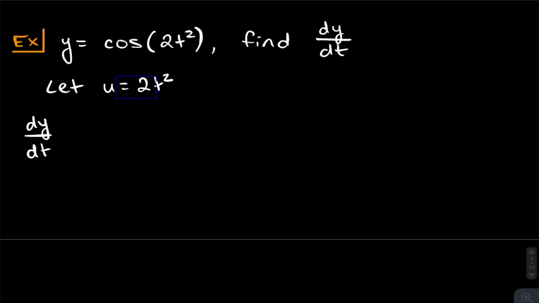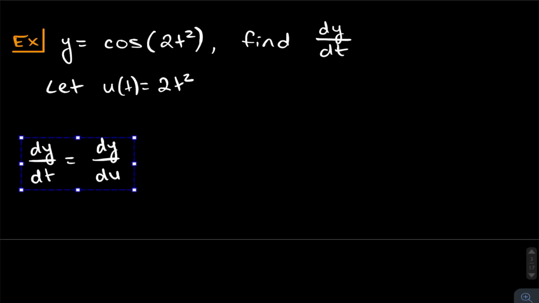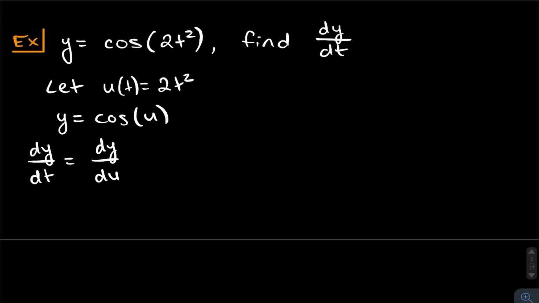So we can write this as right there, okay? dy over dt is going to be dy over du, just the derivative with respect to u, because now if we rewrite this, we would get that y equals the cosine of u, right? So we want to first take a derivative of the cosine, like normal.